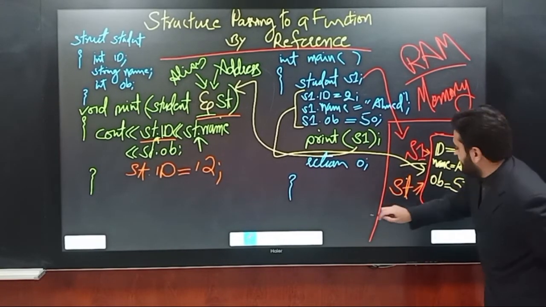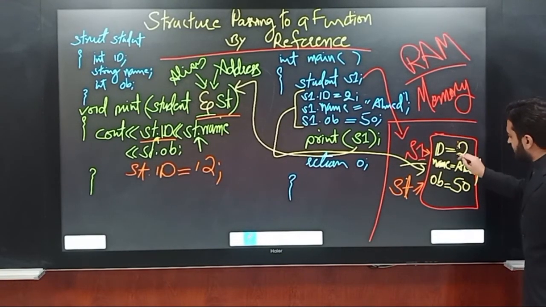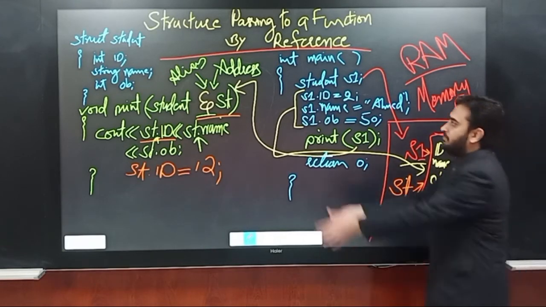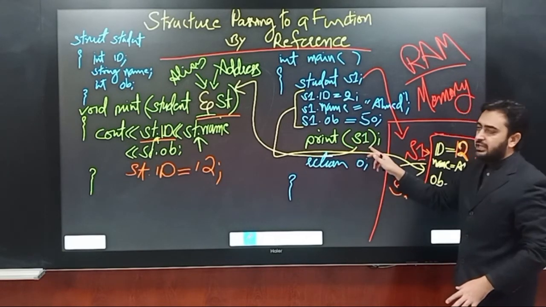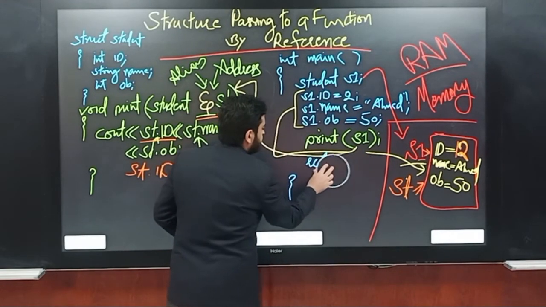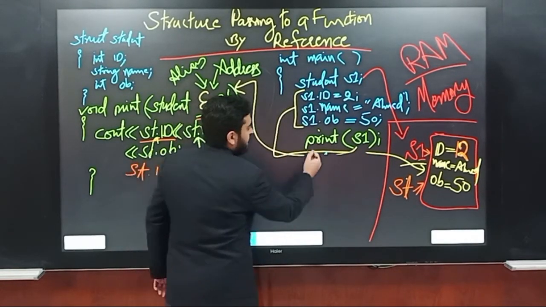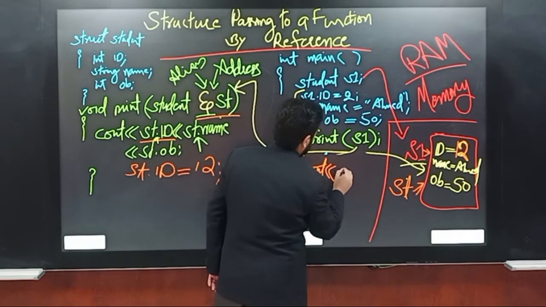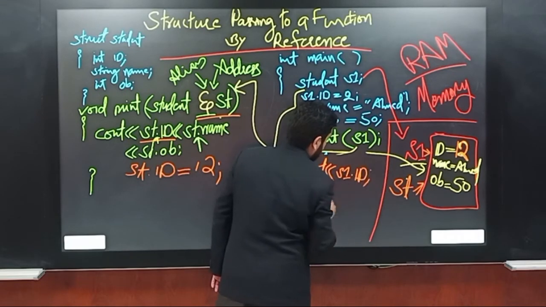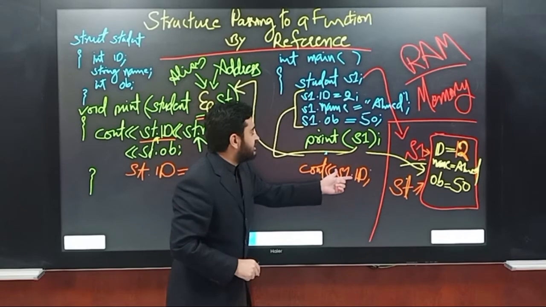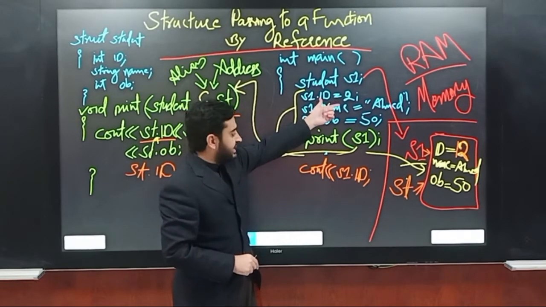So this 2 will be replaced with 12. If you come back to the main function after calling the user defined function and you try to print out the value of id, you will see that the id value has been updated to 12.